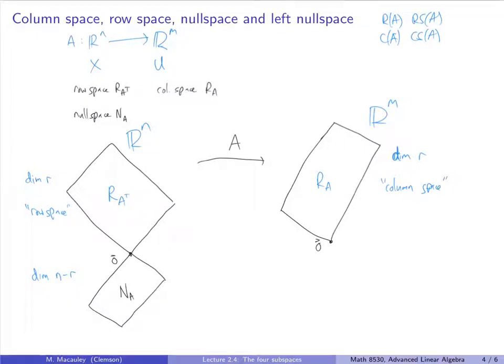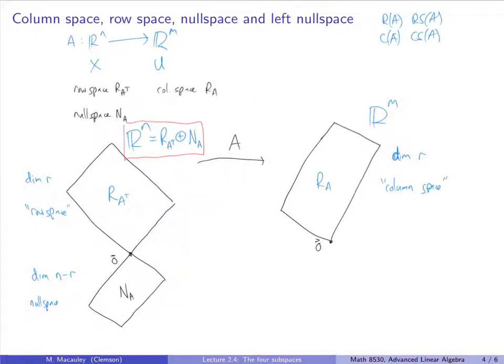So let me write down, this is the null space, and R^n is equal to the direct sum of the row space and the null space. Again, I'm not proving this. We could prove this in this context, but I think we'll prove it more generally in the next few lectures.